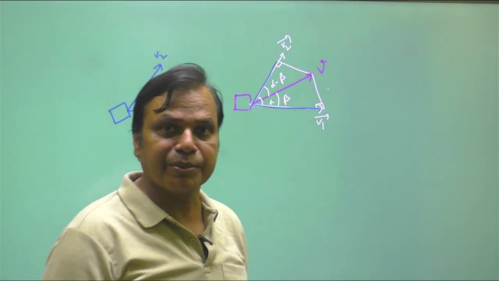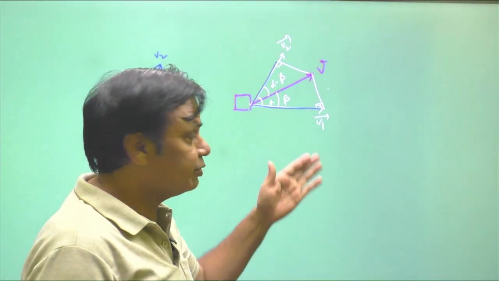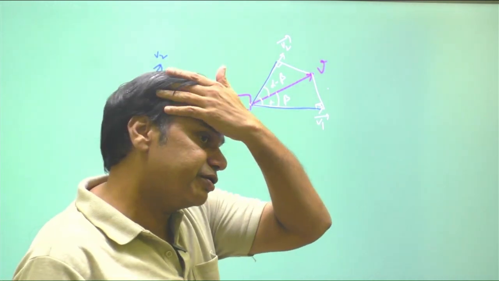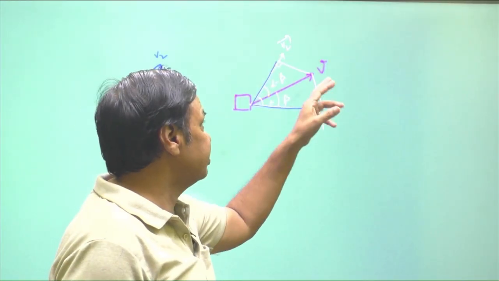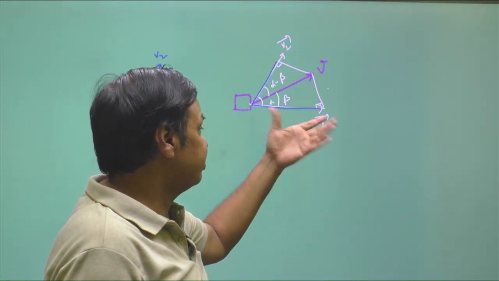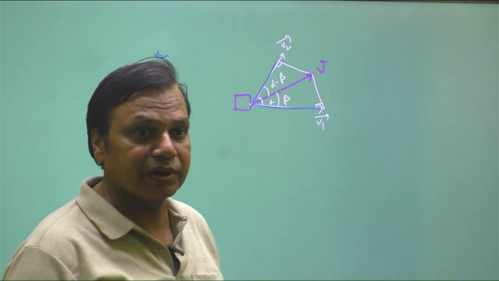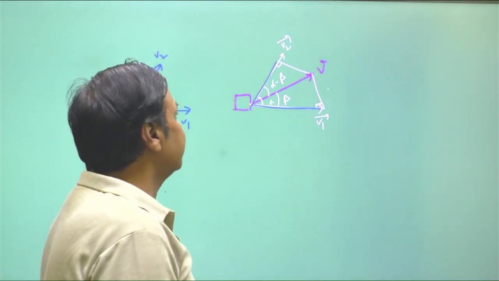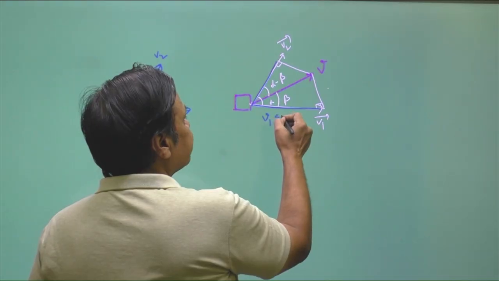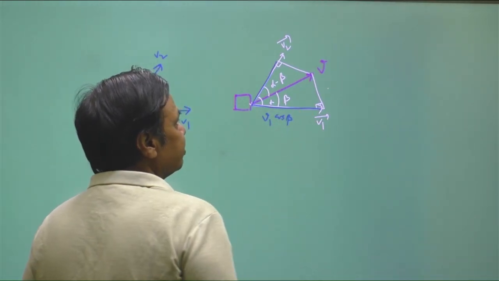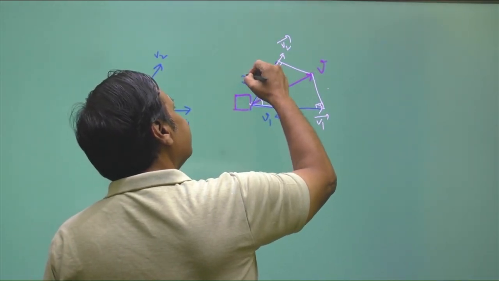Of course, these two components don't make a rectangle, because these are not the v1 vectors as a whole, these are components of velocity vector v. As you can see, here is the angle beta, and this component will be written as v cos beta, and this one as v cos alpha minus beta.